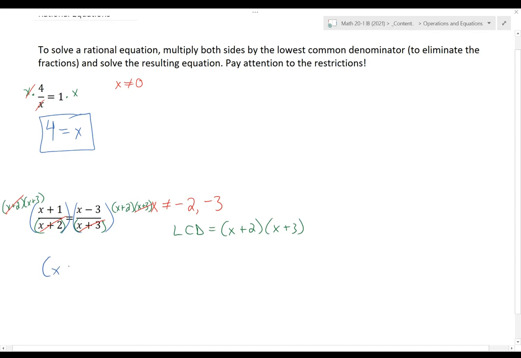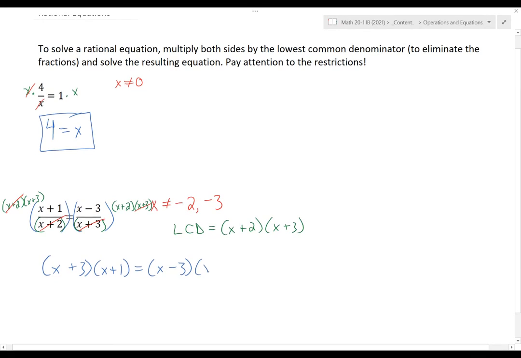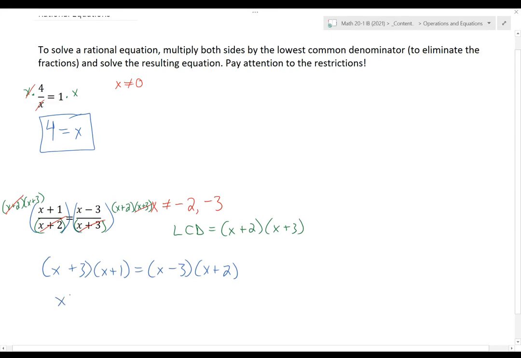So my equation is now x plus 3 times x plus 1 equals x minus 3 times x plus 2, which I can distribute and solve. It looks like it's going to be a quadratic equation. So I have x squared plus 4x plus 3 equals x squared minus x minus 6.